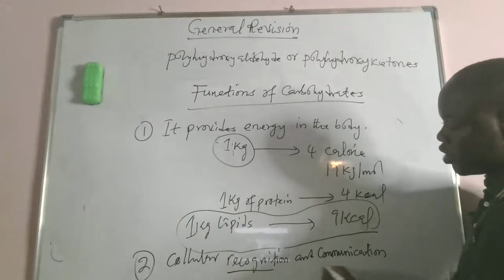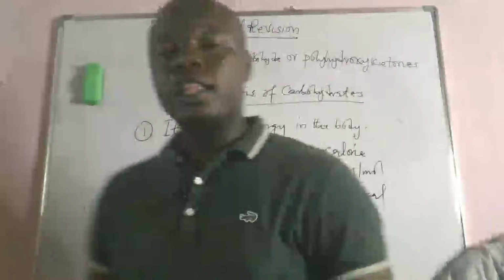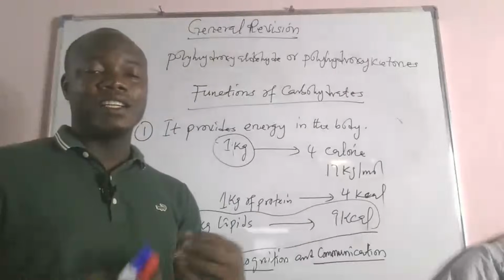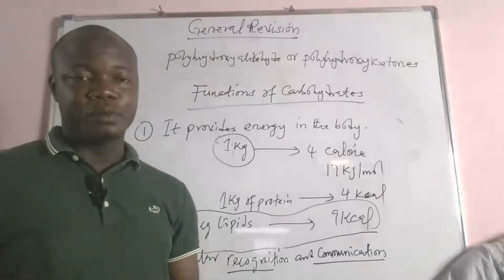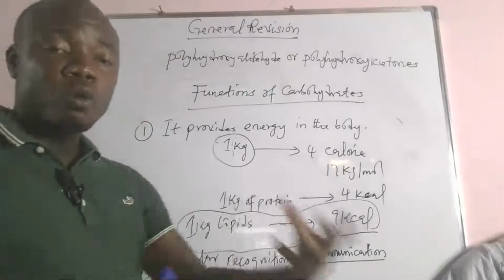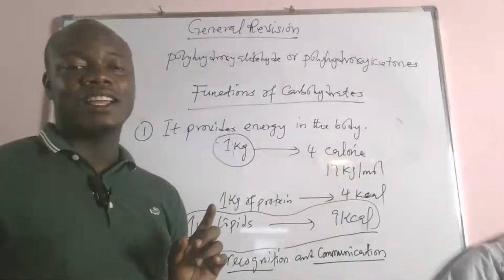So what is cellular recognition and communication? Generally, ladies and gentlemen, on the surface of a cell there is what we call a ligand and a receptor. So carbohydrates help in the communication of one cell to another.